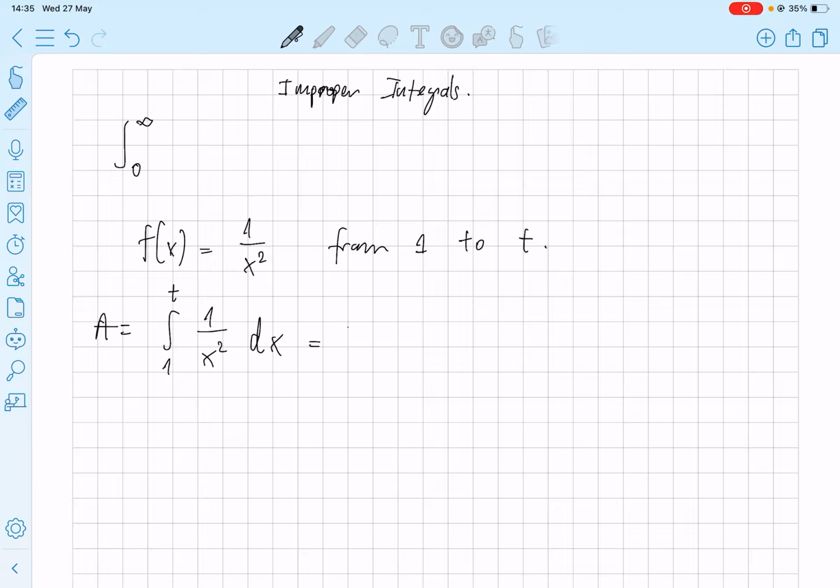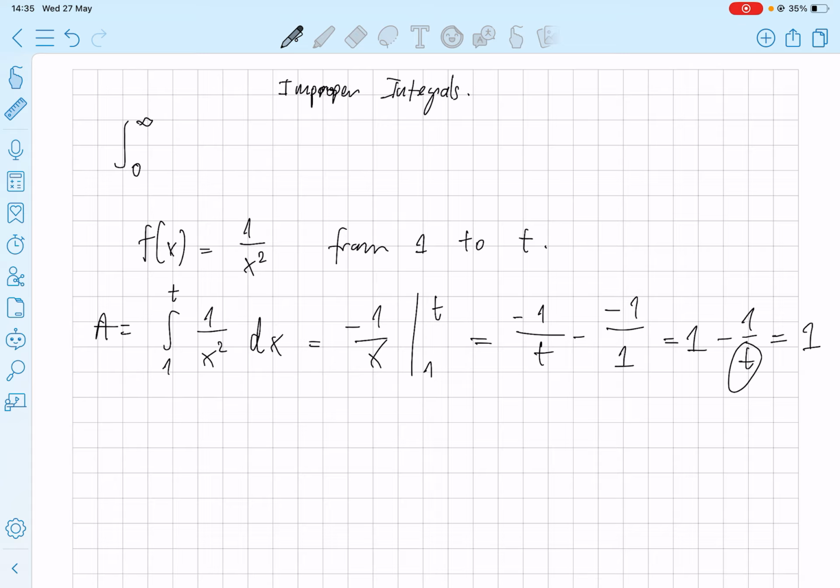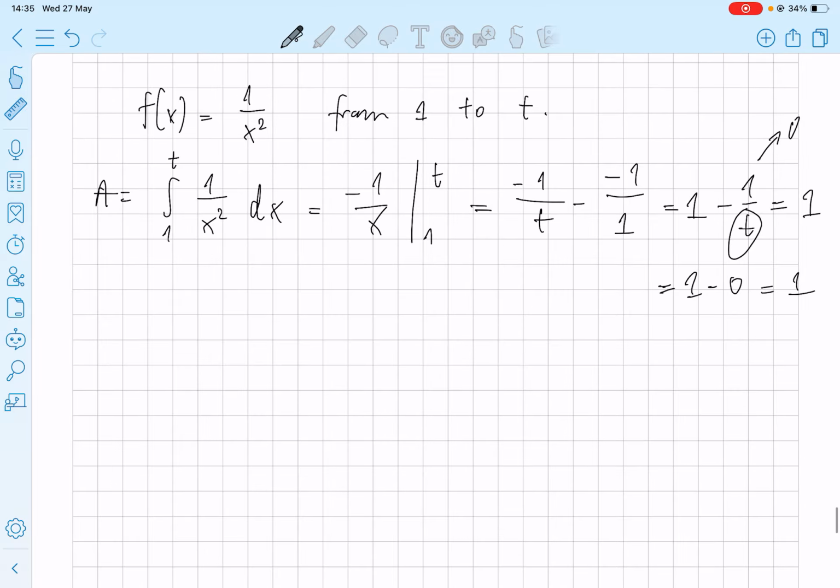This equals minus 1 over x from 1 to t, which is minus 1 over t minus negative 1 over 1, giving us 1 minus 1 over t. This equals 1, because as t approaches infinity, 1 over t approaches 0. So 1 minus 0 is 1, and that's why the answer is 1.